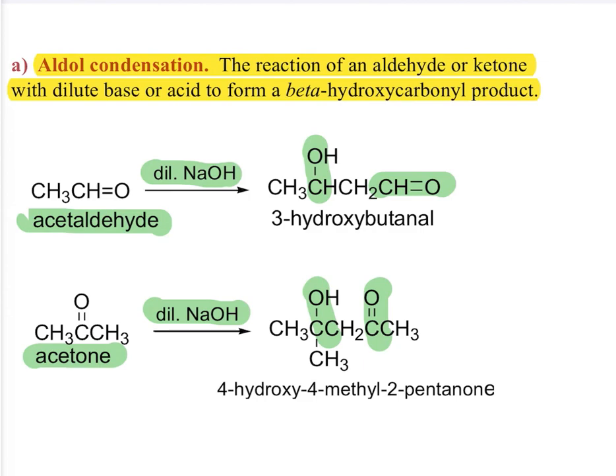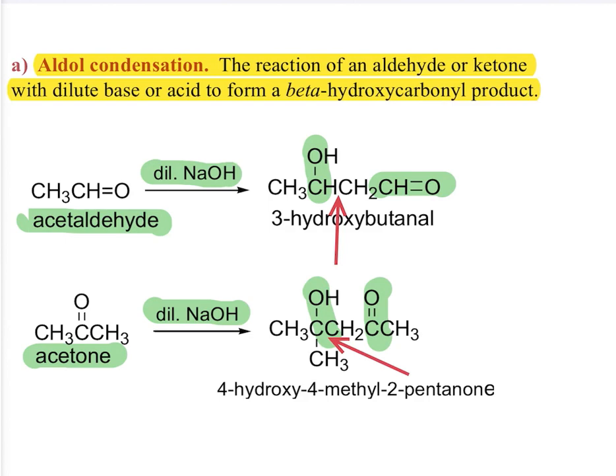If you focus on this reaction, this is an ideal reaction to produce carbon-carbon bond. As you can see, a carbon-carbon bond is generated here as a result of this reaction. Similarly, a new carbon-carbon bond is produced in this reaction as well.